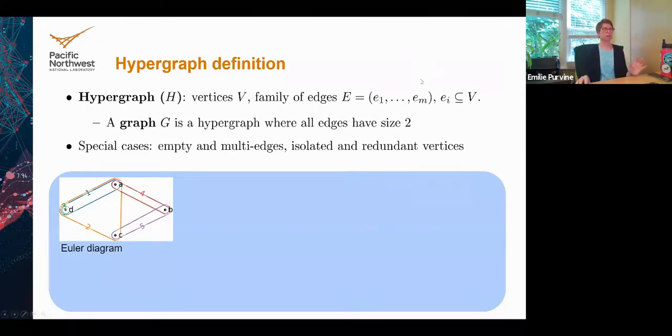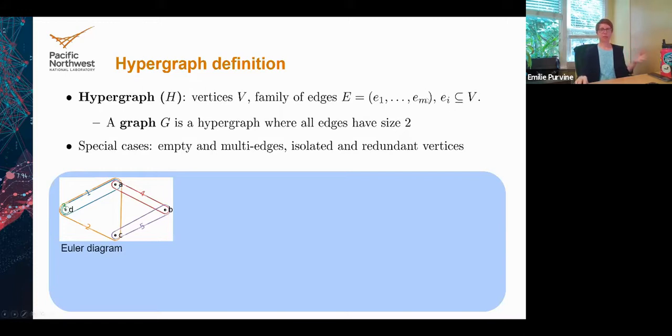So for that reason, we go with a family. A graph, of course, is a hypergraph where all edges have size 2. And this definition allows for the case of empty edges, multi-edges, as I mentioned, isolated vertices, so vertices that aren't in any edge, and also redundant vertices, which I'll talk about during the demo when I talk about something called collapsing. So that's just a call forward to that.